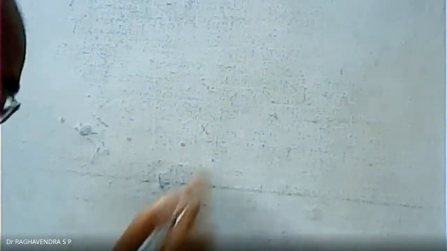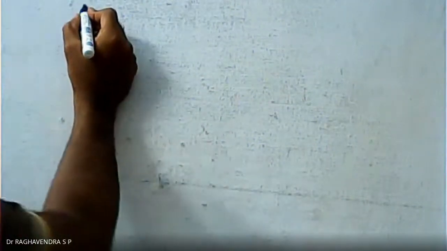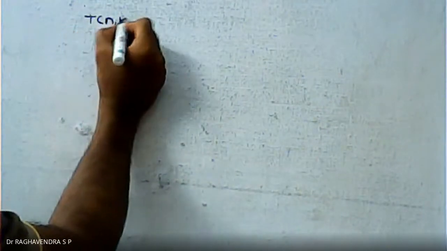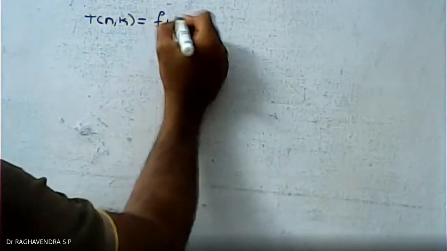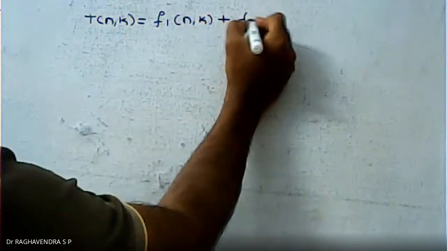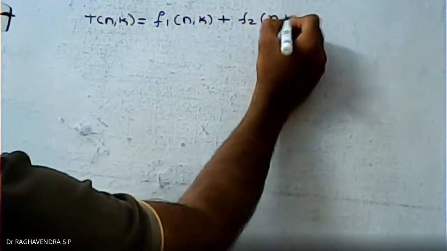Then the time complexity, I am going to write directly now. T of n comma k is equal to f1 of n comma k plus f2 of n comma k.